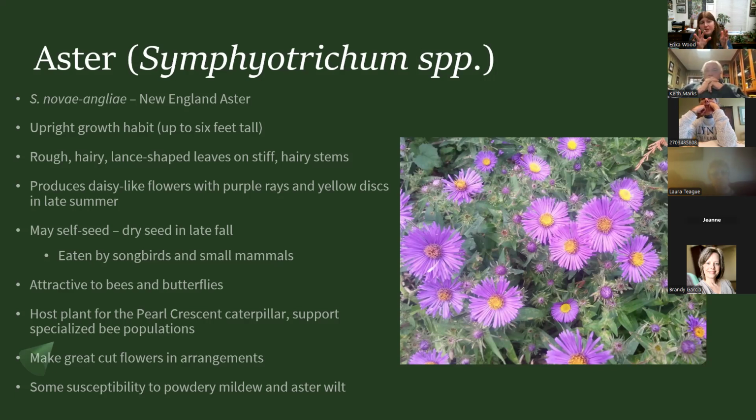Now, characteristics with this plant, you'll notice with a lot of these species we talk about, a lot of them have very rough, hairy leaves and stems. And so they may not be quite fun to the touch. But one thing that is a benefit of having this rough foliage is generally it is more deer resistant.